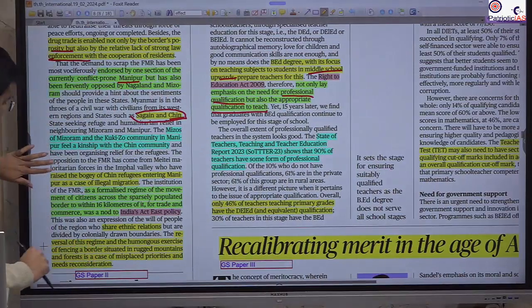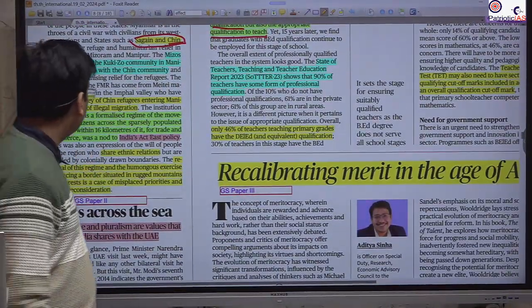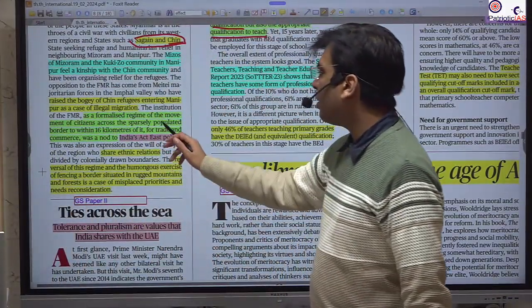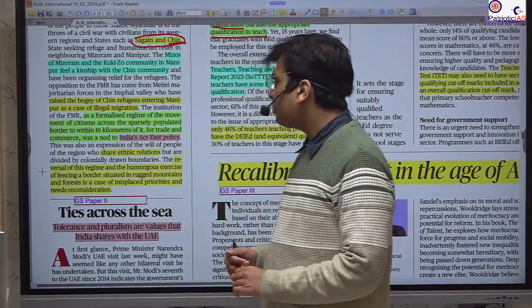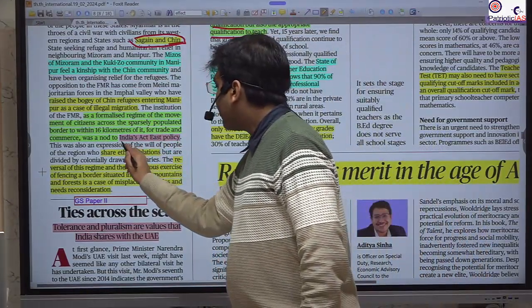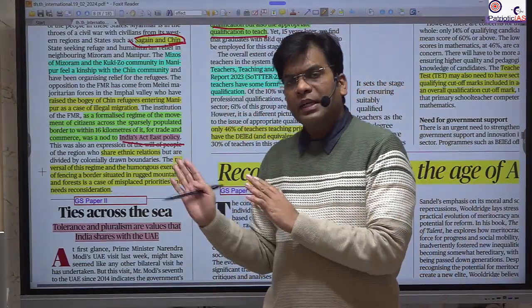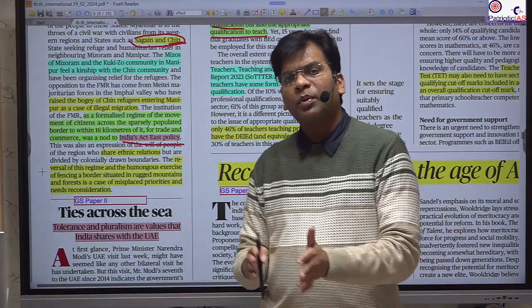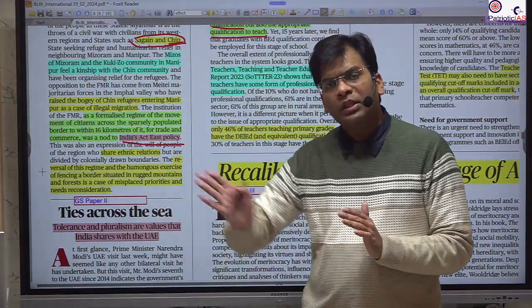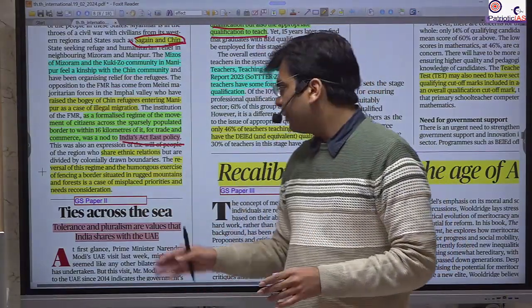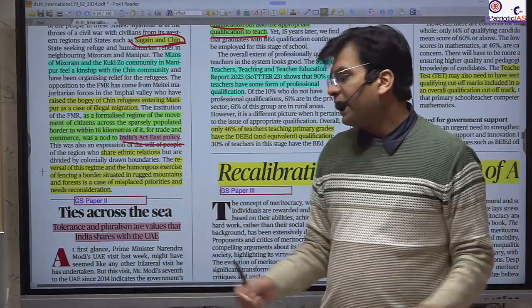So here it is talking about a formalized regime of movement of citizens across a sparsely populated border to within 60 kilometers for trade and commerce. It was a nod to India's Act East policy, because it gave a boost to the policy, as it would promote more and more cross-border trade, and give us the opportunity to enter other areas if we promote and expand this 16 kilometers to a wider spectrum.